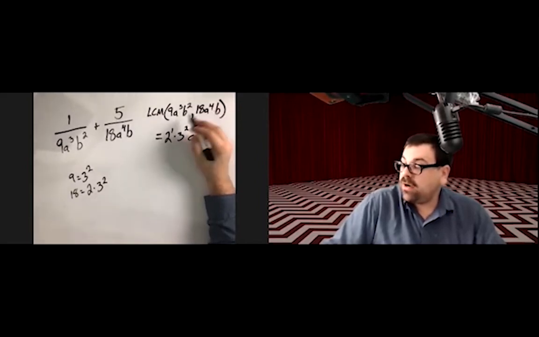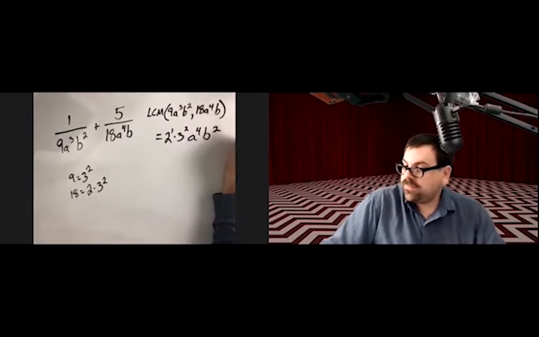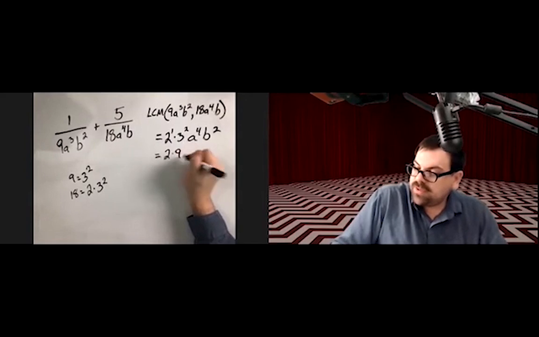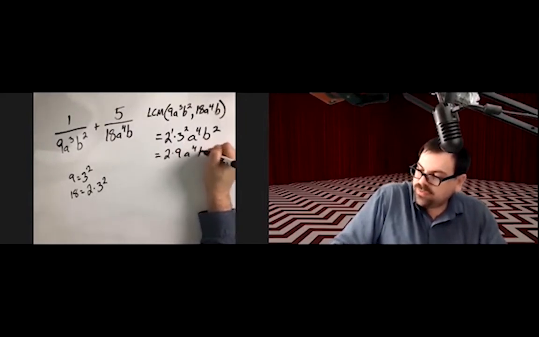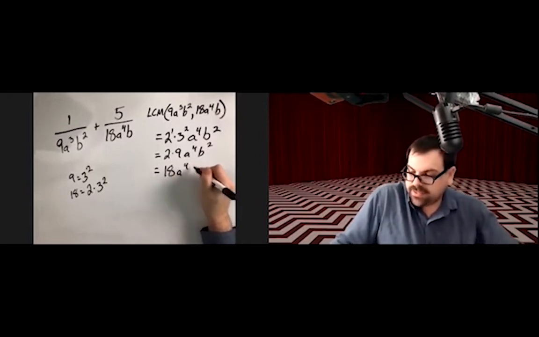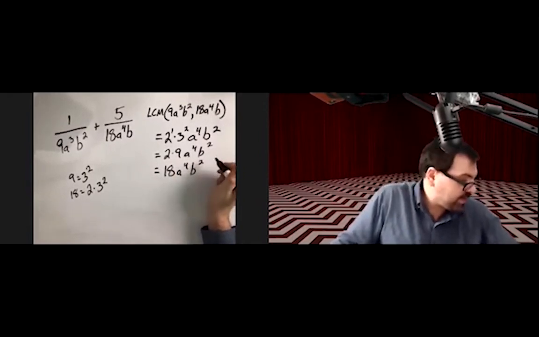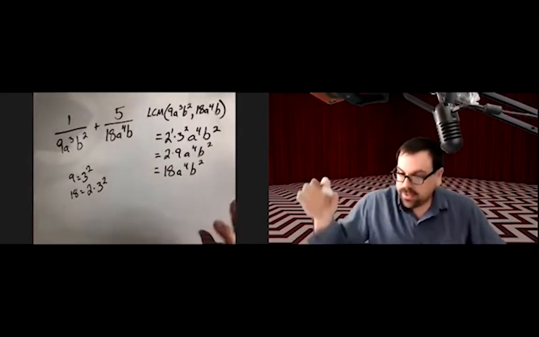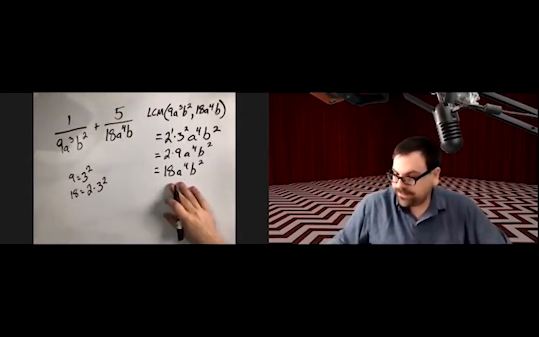The highest power of b is b squared. So this is 2 times 9, 18a to the fourth b squared. So that's the least common denominator.